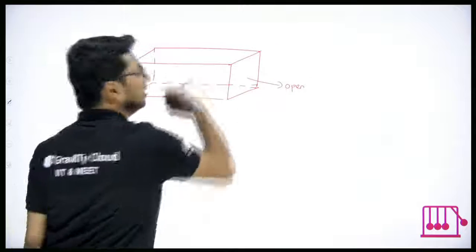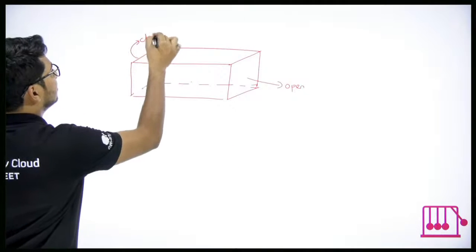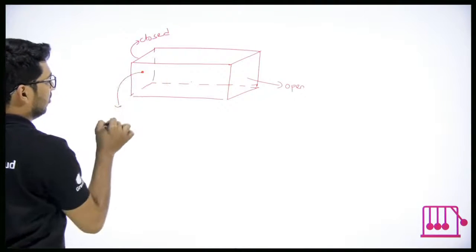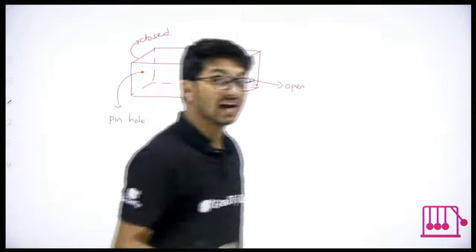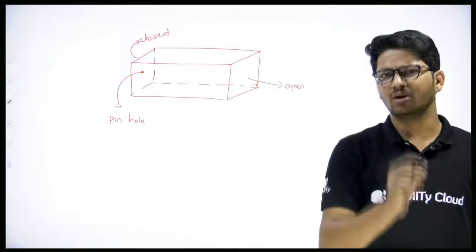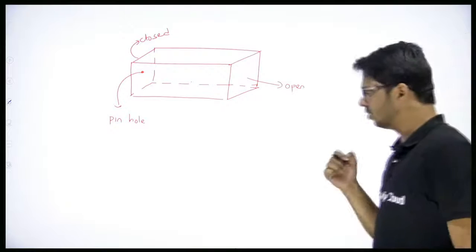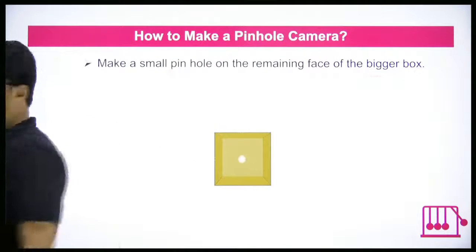You can insert your hand in it. And here let's say this is the closed face. So wherever you have the closed face, make a small hole. We'll call it a pinhole. It is so small that we can call it a pinhole made by a small pin. That's what is shown in the animation also.